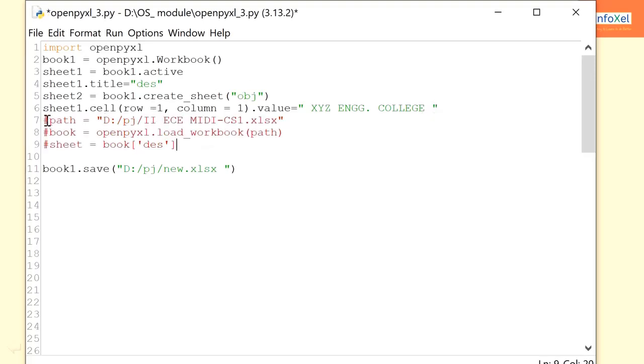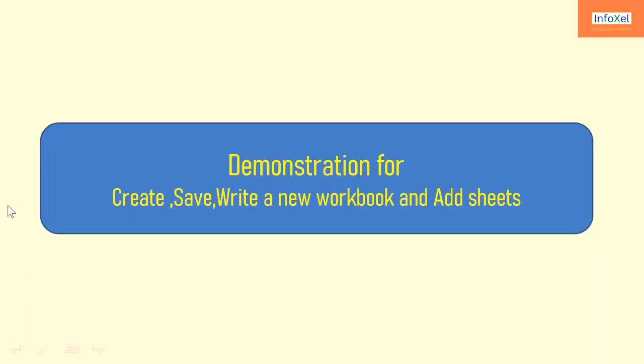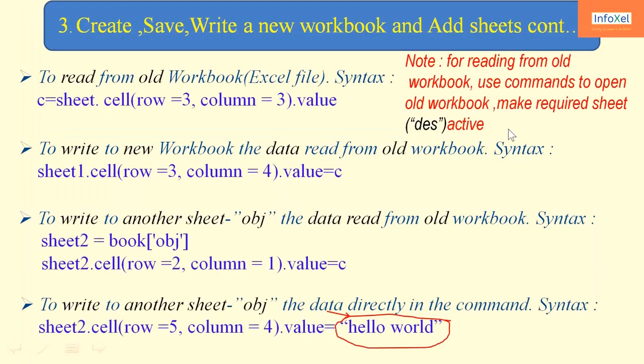A path is required to open the old file. Old file means existing file, and this is the command to open the existing file, and this is the command to make the DES sheet active. Note, for reading from an old workbook, use commands to open the old workbook, then make the required sheet DES active.